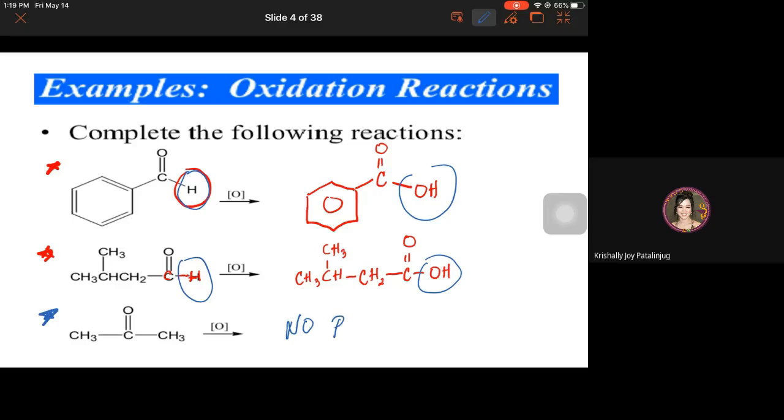Simply write no reaction, because again ketone cannot be further oxidized. No matter what strong oxidizing agent is used, it cannot be further oxidized. The same thing goes with tertiary alcohol. Whenever you see a tertiary alcohol with an oxidizing agent such as chromic acid, dichromate, or potassium permanganate, tertiary alcohol cannot be oxidized, the same as ketone. Remember, ketone and tertiary alcohol cannot be oxidized.